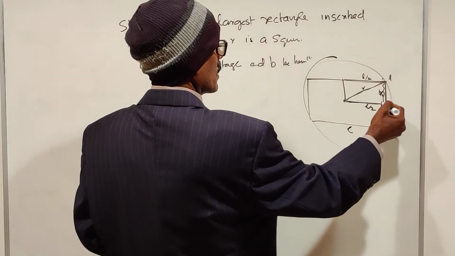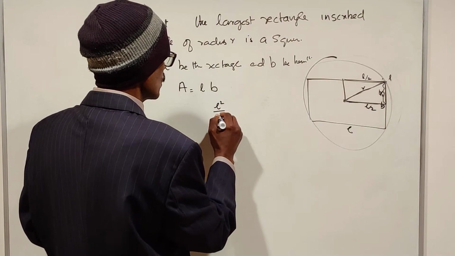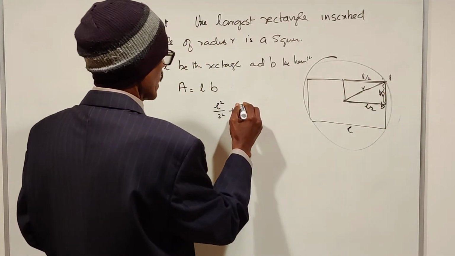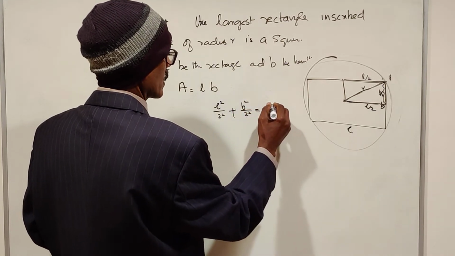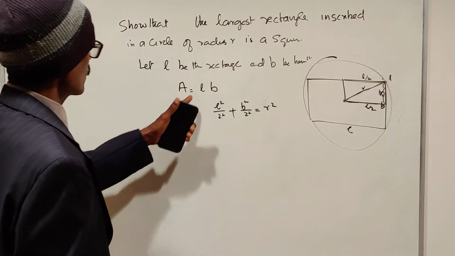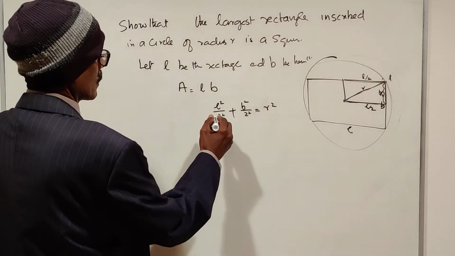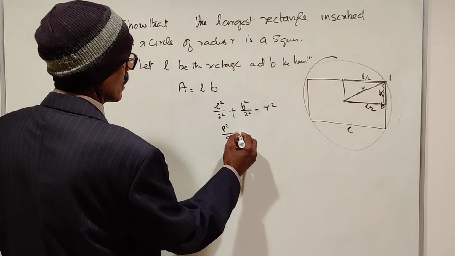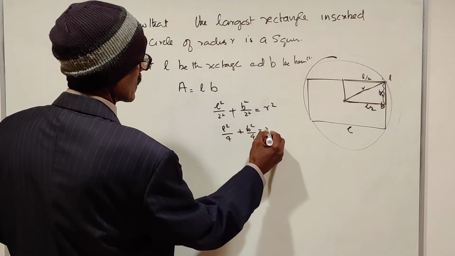See, you apply the Pythagoras theorem here. That is (L/2) square plus (B/2) square equals R square. From this, we need to find out L. So L square by 4 plus B square by 4 equals R square.